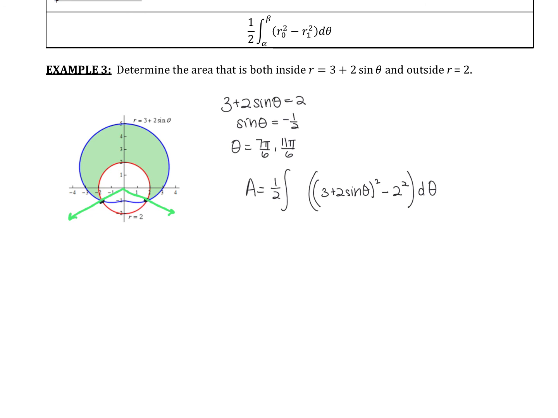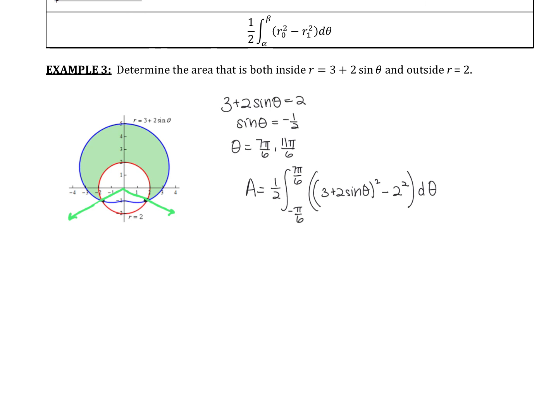In fact, I don't want to start at 7 pi over 6 at all. I want to start here. So how can I represent this with an angle that would indicate I'm going to start here and then end up at 7 pi over 6, but still go that same amount? Hopefully you think that that should be negative pi over 6 to 7 pi over 6. That will give me the correct area that I'm looking for.